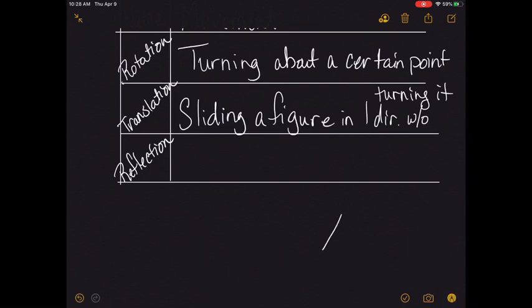Okay, so you have triangle 1 and triangle 2. Okay, the only thing that's happened is it's been slid over. It's been moved to the left, and that is what we call a translation.